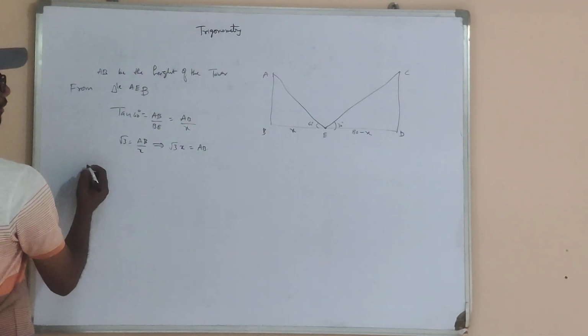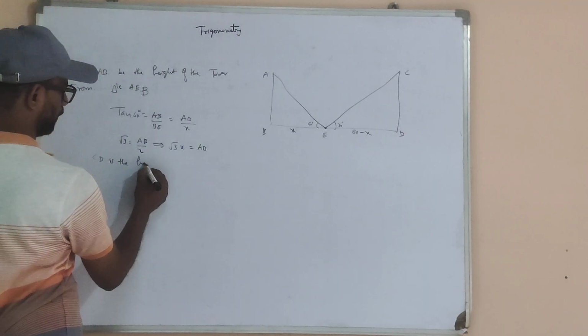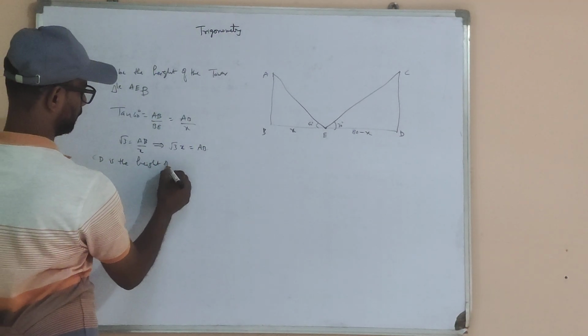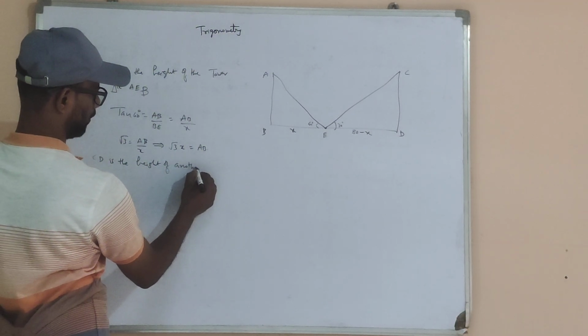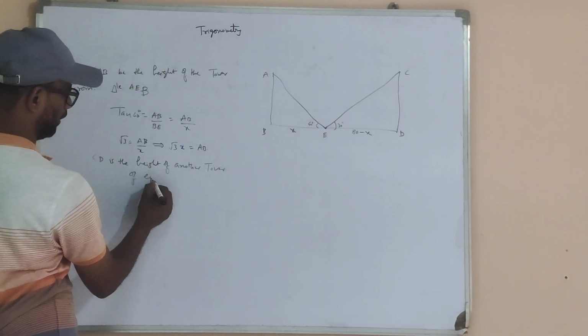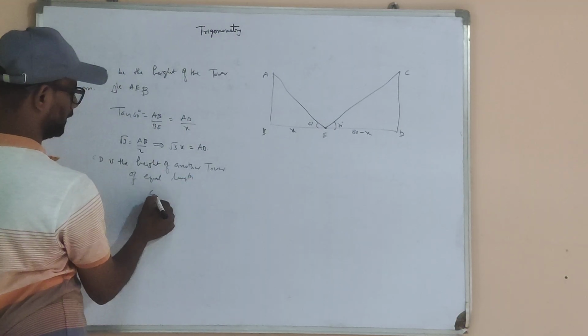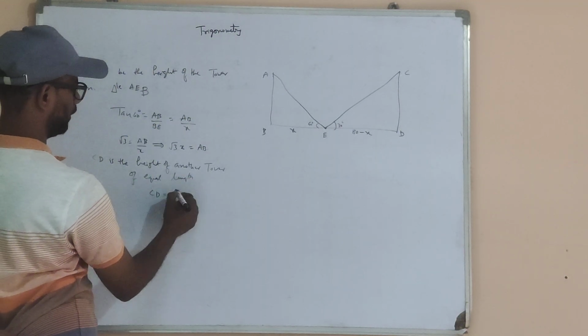Now again, CD is the height of another tower of equal length. So CD is equal to AB.